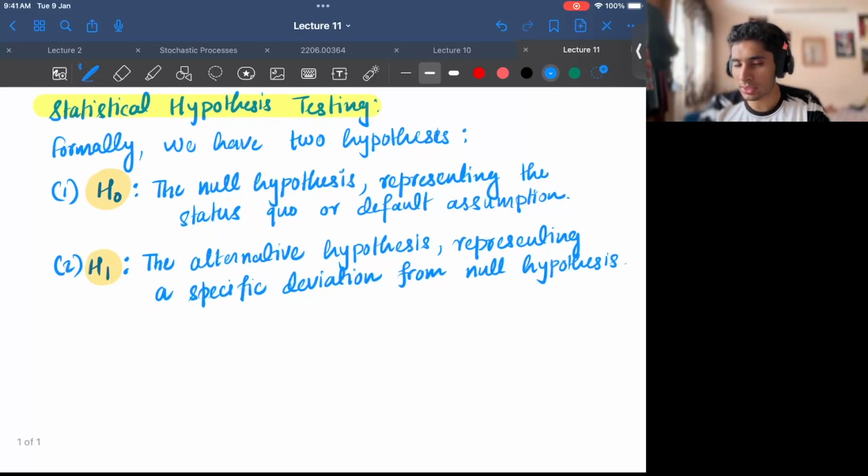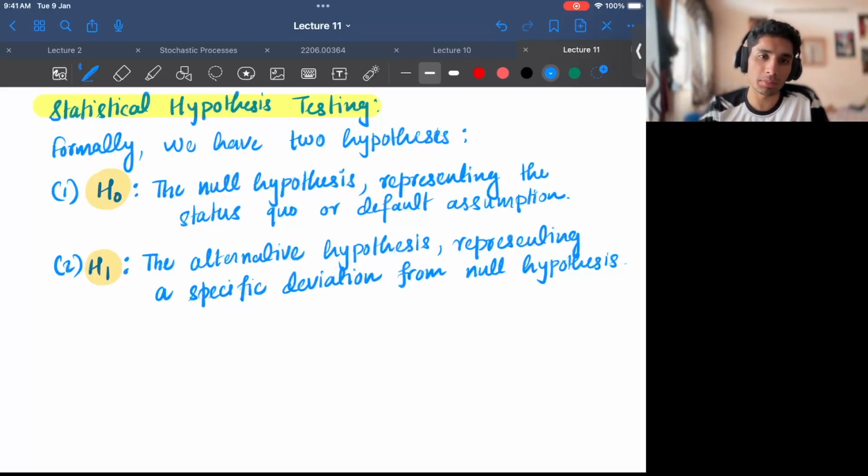And so the question is always like this. Since H naught is your null hypothesis or your default assumption, the question always revolves around, well, should we accept the null hypothesis or should we reject the null hypothesis? That's the basic question that you will always try to answer. And one may ask, why are we so concerned with the null hypothesis?